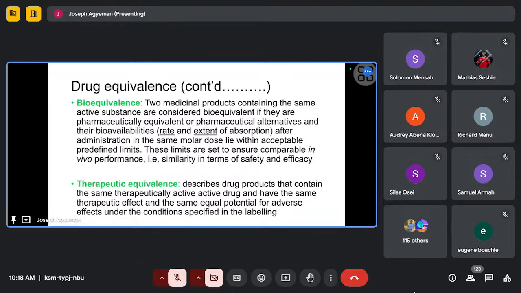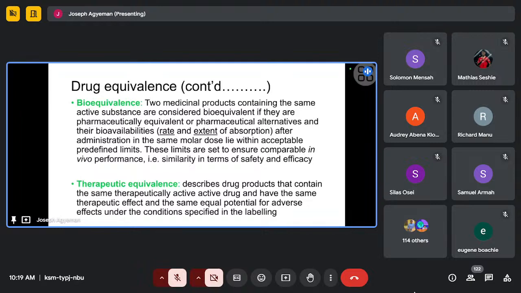Then the last one, therapeutic equivalent. When do we say that two drugs are therapeutically equivalent? So this describes drug products, again, containing the same active principles. And they have the same therapeutic effect, if not the same, similar. Not only that, they should also have the same or similar tendency or potential to cause adverse effects.